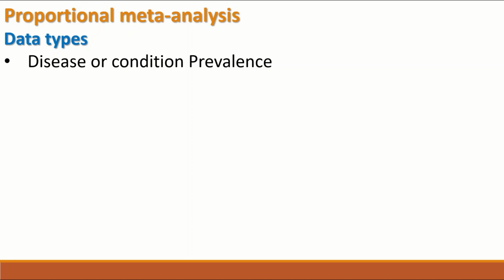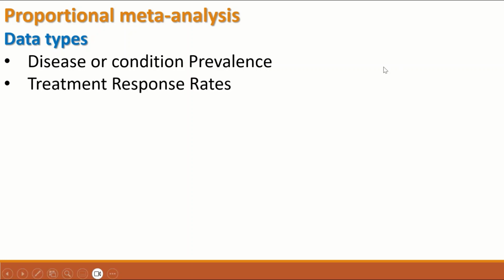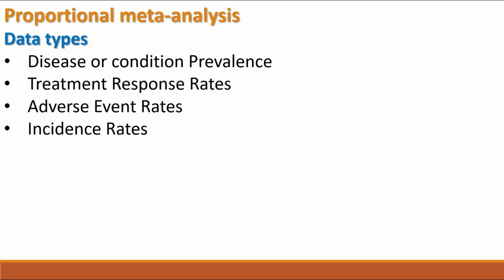The proportional meta-analysis can be performed to calculate the disease or condition prevalence in a population. It can also be used to calculate the overall treatment response rates, adverse event rates, and incidence rates.